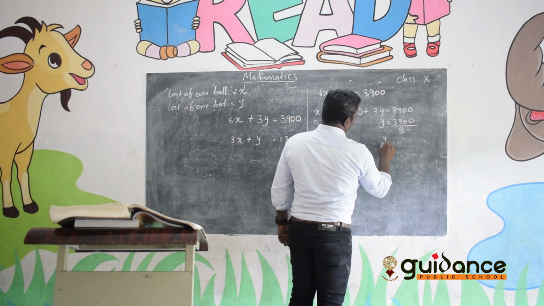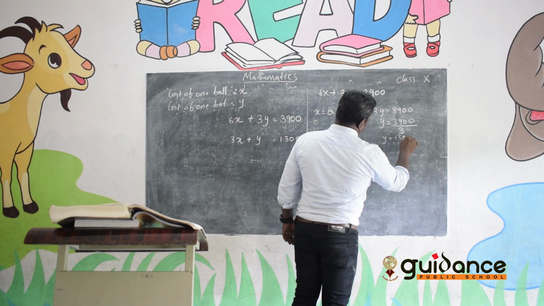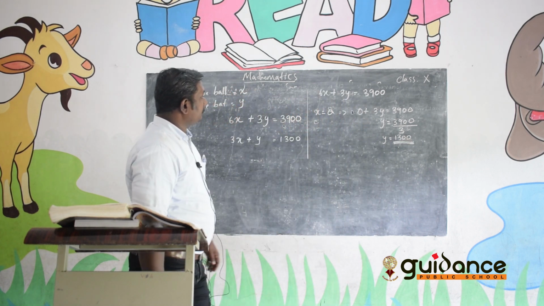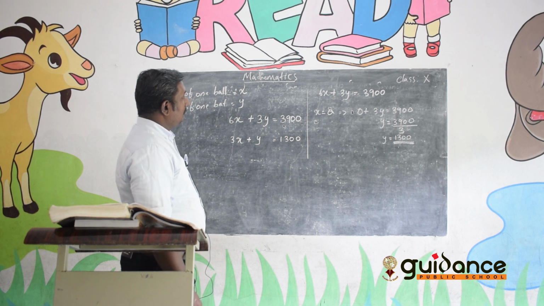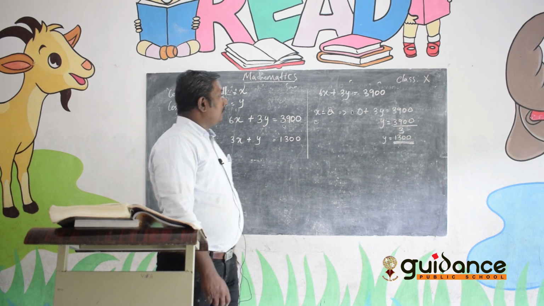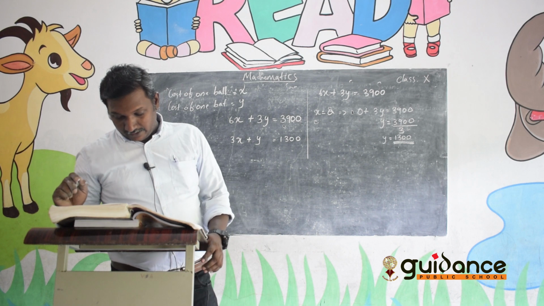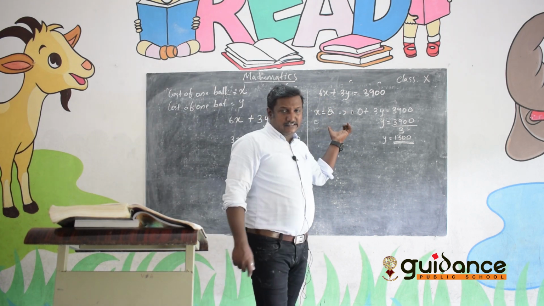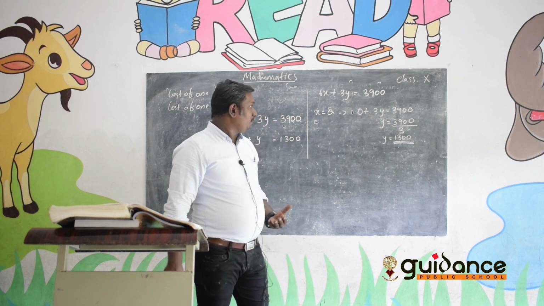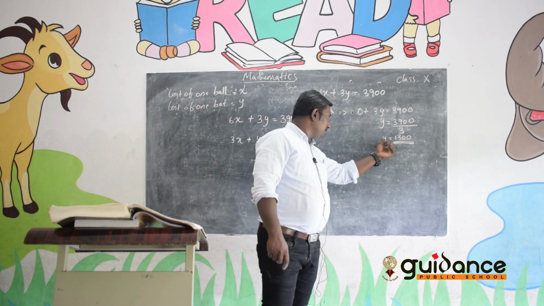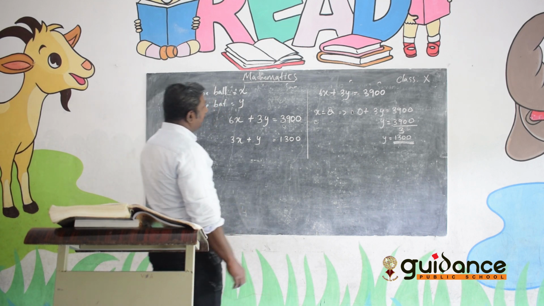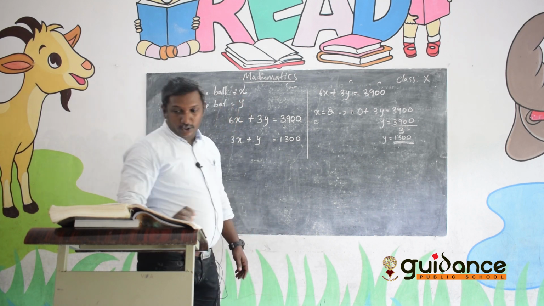That is y equal to 1,300, the cost of 1 bat. Got it? So we give x equal to 0, then we get y equal to 1,300.